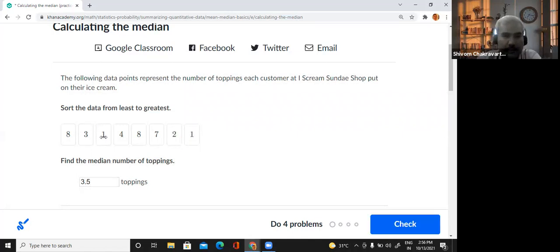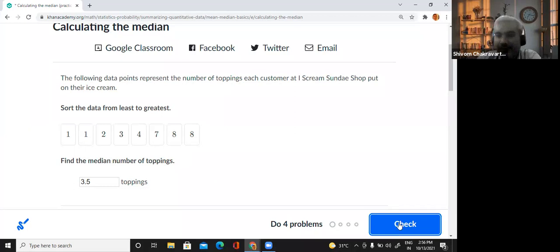Achha. First I need to solve this. So now we have arranged. Yeah. Now it's ready to check.